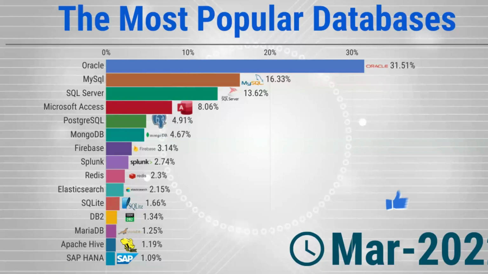Okay, so most popular databases as of 2022: Oracle has 31% market share, MySQL is there, SQL Server is there, Microsoft Access. Largely the structured data is maintained in these databases, and these databases are required to be analyzed.